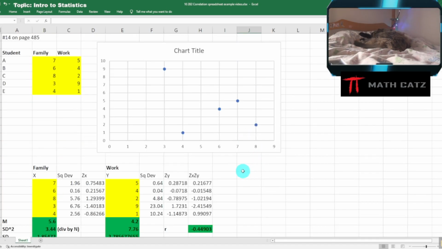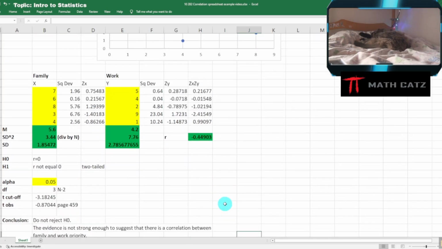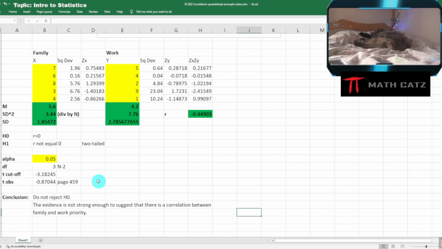Hopefully that helped you see another example we're sort of doing by hand, just with the convenience of a fancier calculator. Not statistical software, but just the convenience of a spreadsheet to organize my information, to see the formulas, and to have a little bit of help and avoid the tedium of doing everything over and over and over the same way. I can copy and paste formulas, so it's super handy.